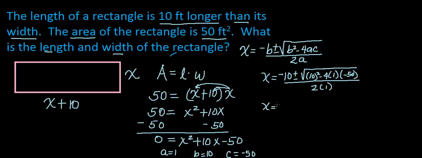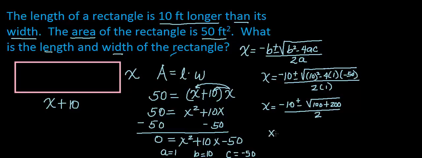Now we simplify what's inside of the radical. Inside the radical, I have 100 plus 200, because negative 4 times negative 50 equals 200, and everything over 2 times 1, which is 2.